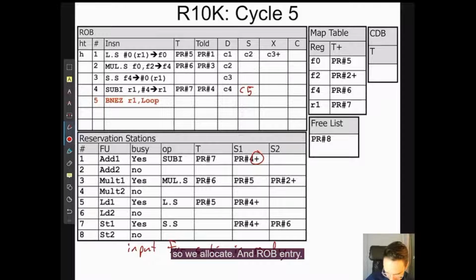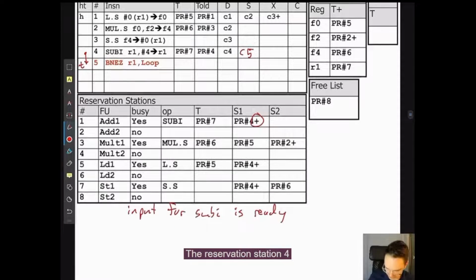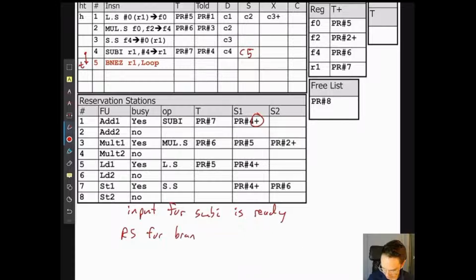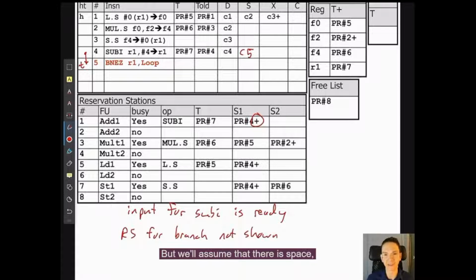So we allocate an ROB entry, moving the tail pointer down. The reservation stations for branches are not shown, but we'll assume that there is space since this is the first branch we've encountered. So we're clear to dispatch. We don't need to stall in dispatch.